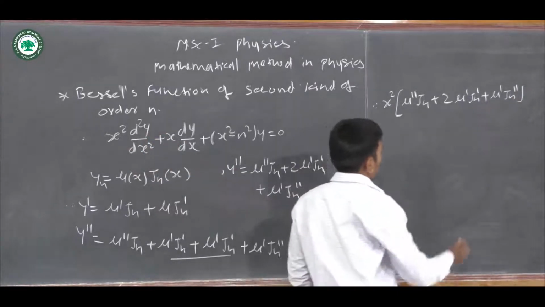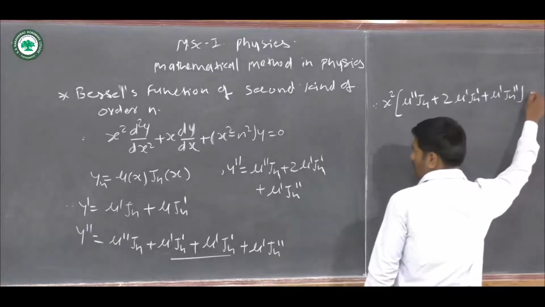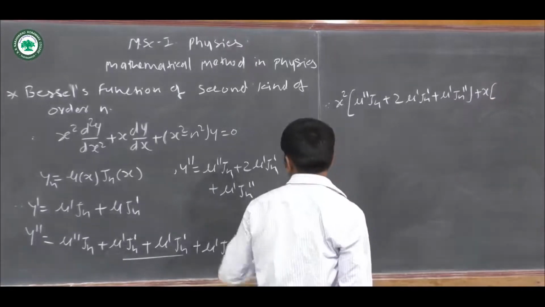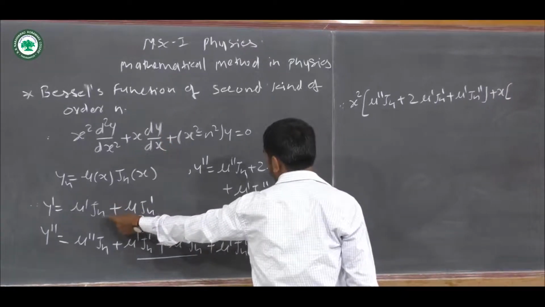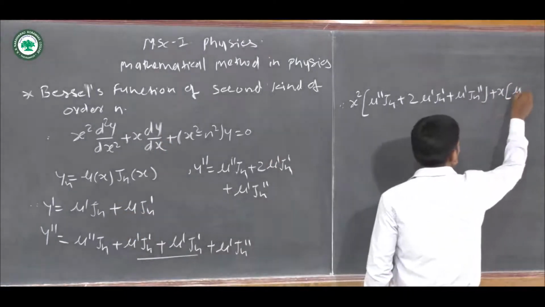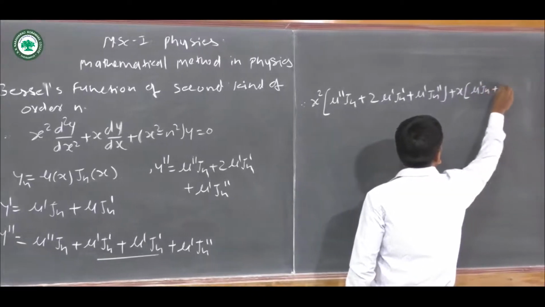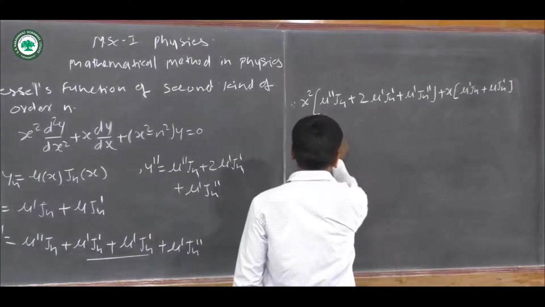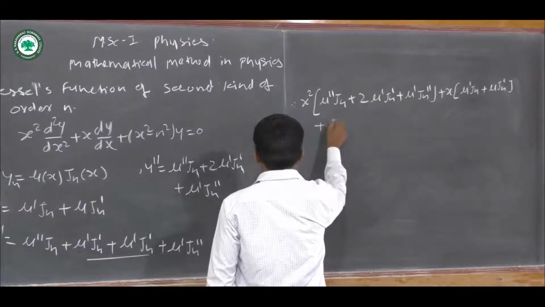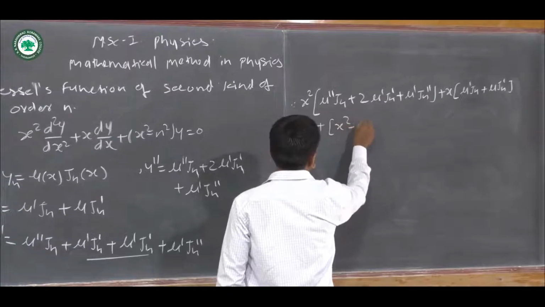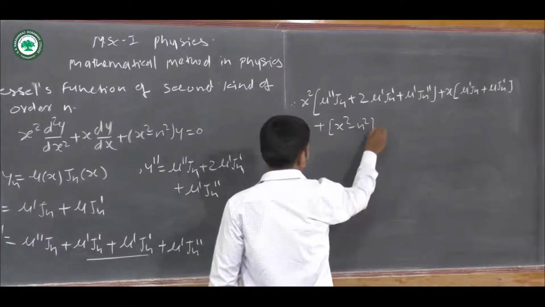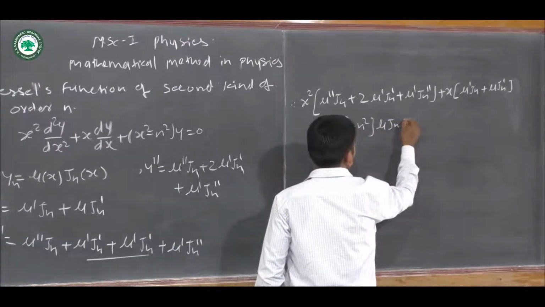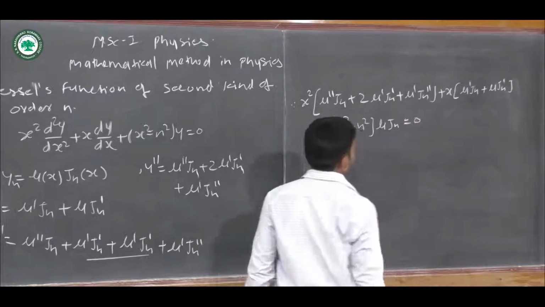Now plus x into dy by dx, that is y prime, so it is (u prime Jn plus u Jn prime), and the last term, plus (x square minus n square) into y, where y is equal to u into Jn, is equal to 0.